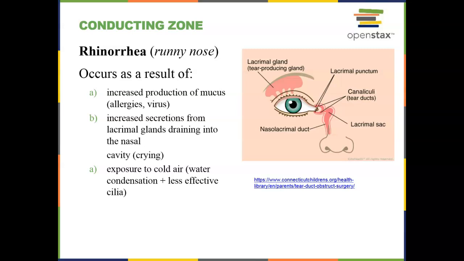It occurs when you have a cold, when you have allergies, and it also increases if you're crying, because think about it, when you're crying, you're producing more lacrimal secretions. So more secretions are going to move into the lacrimal duct. Yes, they're coming out of your eyes as well, but they're going to go into that nasal cavity, which is going to cause you to have that stuffy, runny nose that is associated with crying.